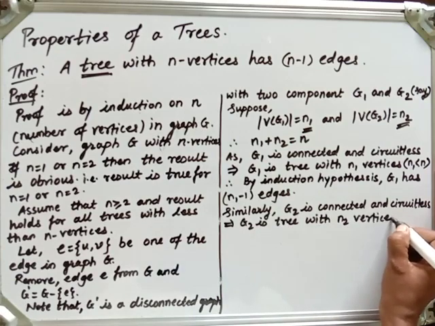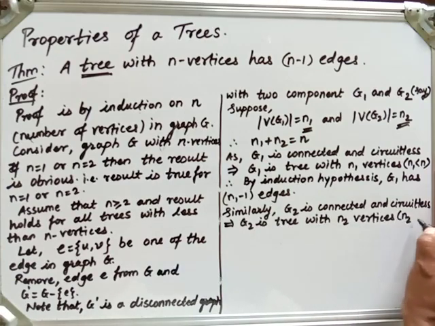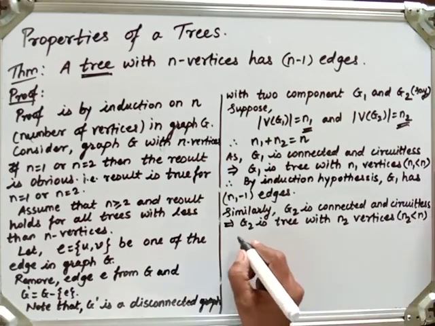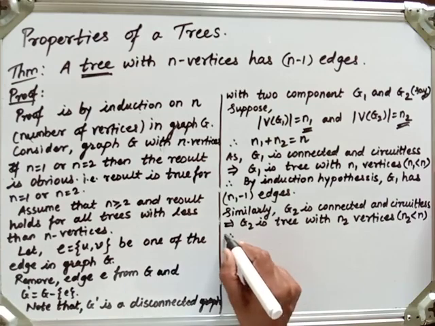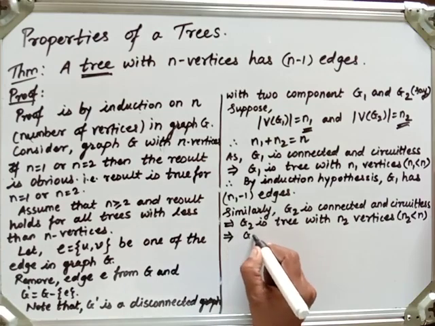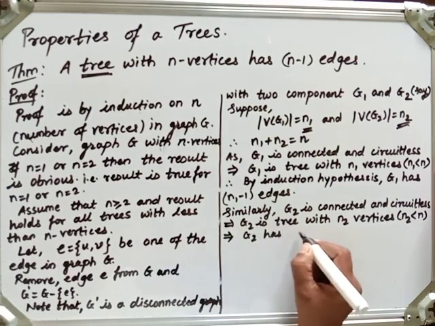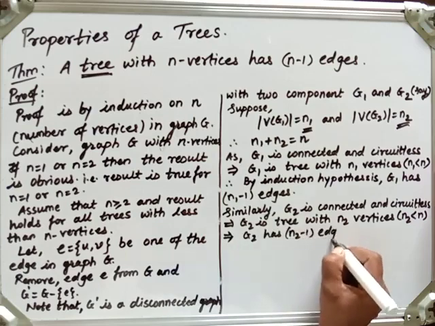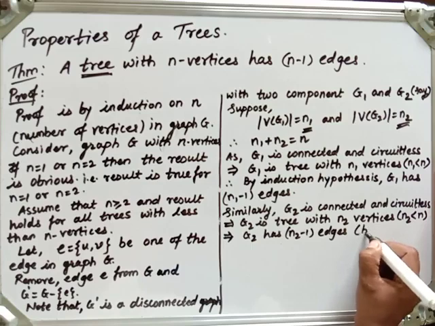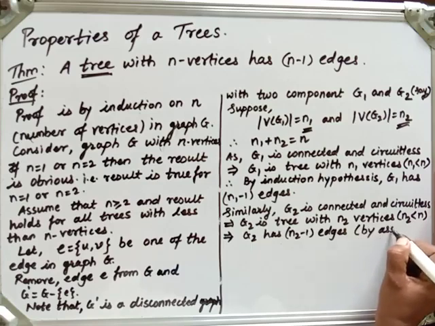And clearly this N2 is also less than N. So this again gives us G2 has N2 minus 1 edges, by our assumption of induction.